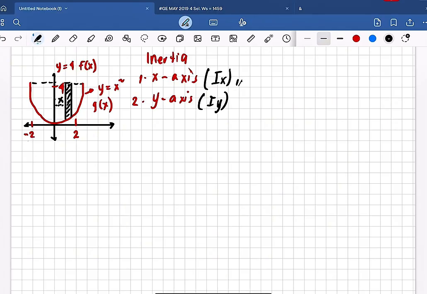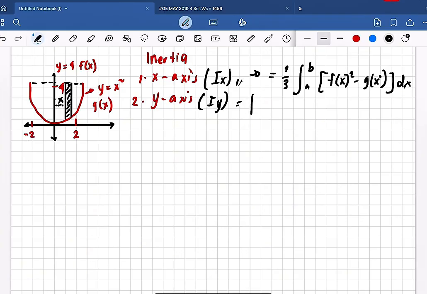The formula which we are going to use is 1/3, integral from a to b, of the bracket f of x squared minus g of x squared, dx, for our inertia in y.